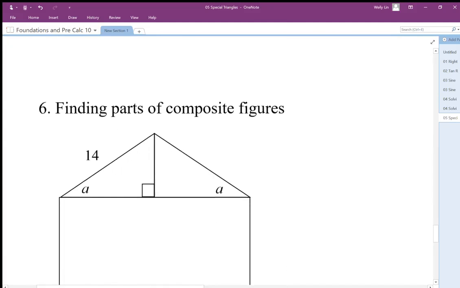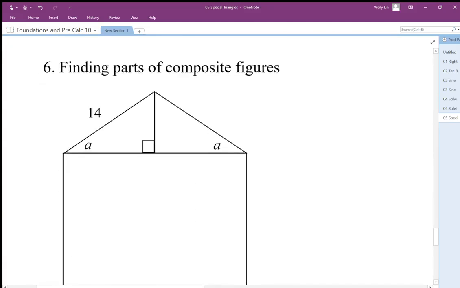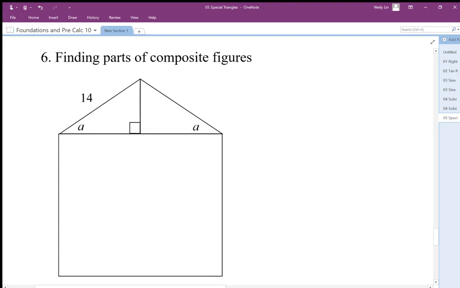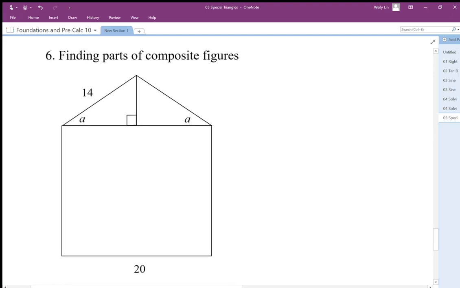The other thing that I need to be able to do is find parts from composite figures. When we have pieces like this, here we're being asked to solve for the angle here. We have to figure out lengths of pieces, and we have to focus on the fact that we need a right triangle. So I need to work with this right triangle, which means I need two sides.